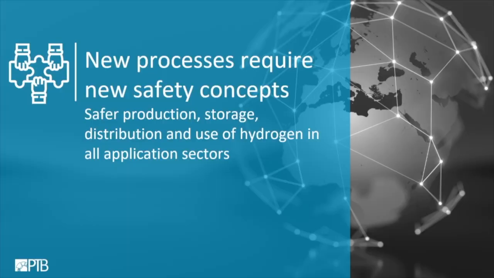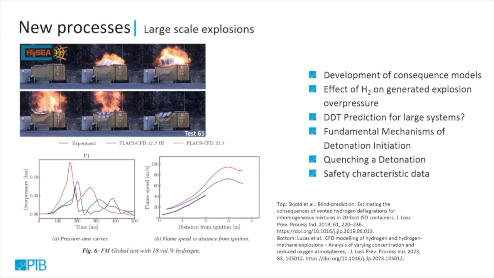We also need some new safety concepts here for safer production, storage, and distribution in all these application sectors. And the problem is we need some more background for proper safety assessment.